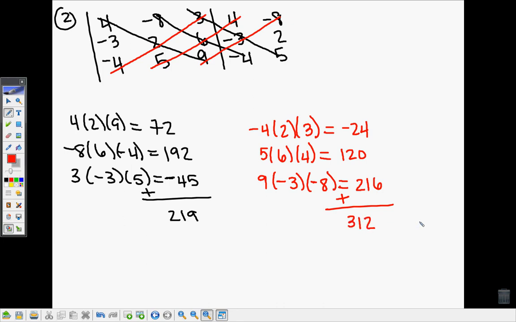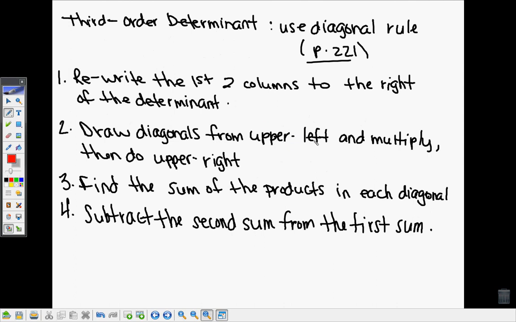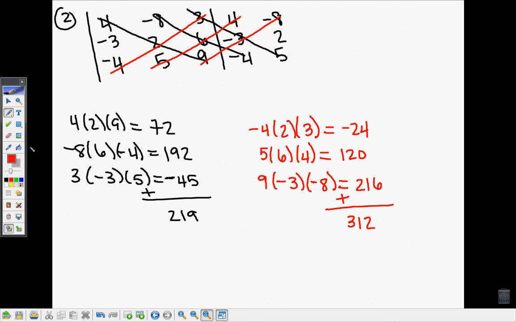So what we just did was we did our upper left, we did our upper right, we found the sum, we added them up already. So now we need to subtract the second one from the first one. So we need to do 219 minus the second one, 312. You always take the first one minus the second one.